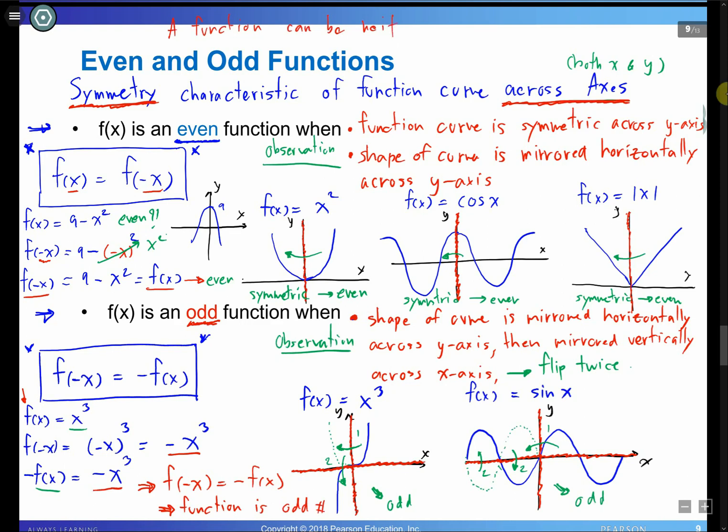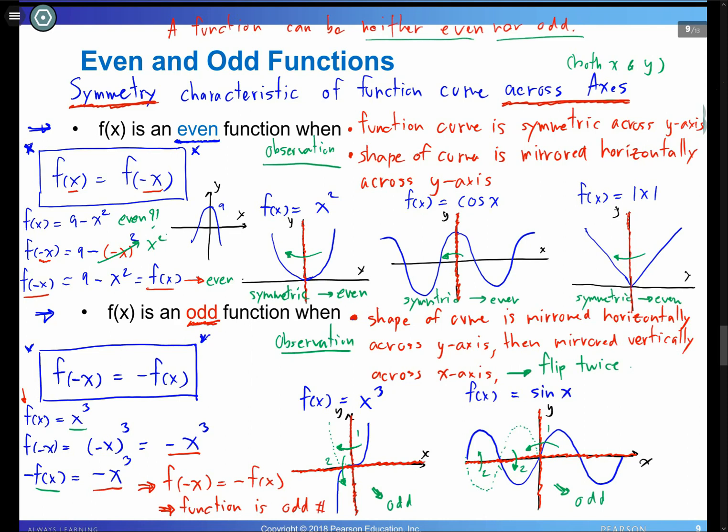Okay, this can happen. So that's about all you need to know on the odd and even functions.